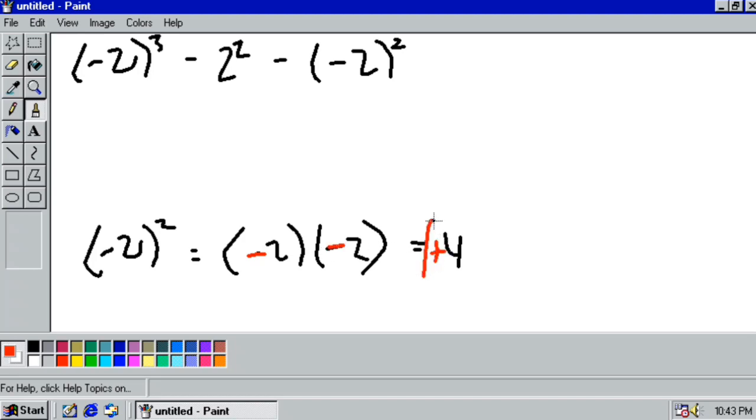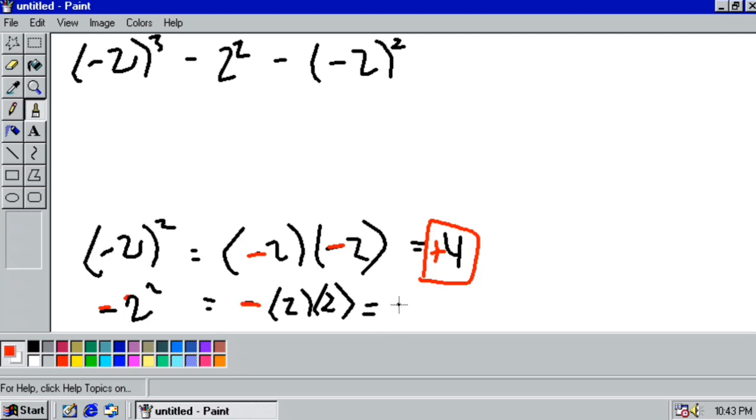And negative 2 squared, without parentheses, means negative on the outside and 2 times 2. So 2 times 2 is 4, and since we have a negative here, it should come out as negative 4. So just remember that.